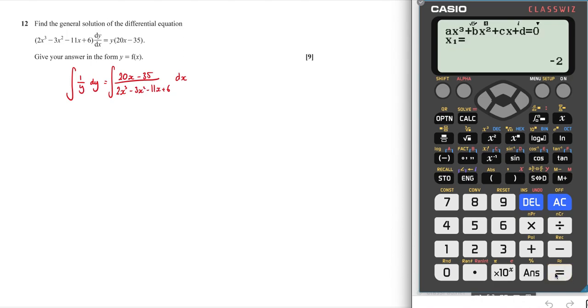So this can be written as 1 over y dy is the integral of (20x minus 35) over, and then that's going to be (x plus 2), I'm going to have (x minus 3), and I'm going to have (2x minus 1).